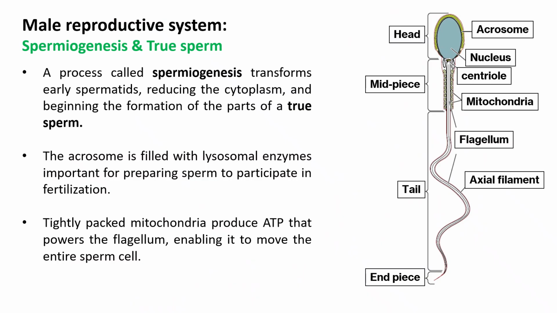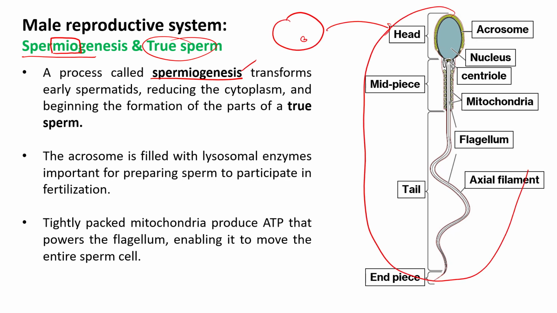Let's finish this class talking about spermiogenesis, which we already mentioned is the transformation into the true sperm. We mentioned that this takes place within the epididymis. And basically, in simple words, what happens is the transformation of a cell that is unable to swim into a cell that will look like this.